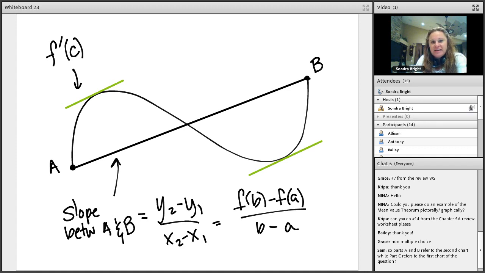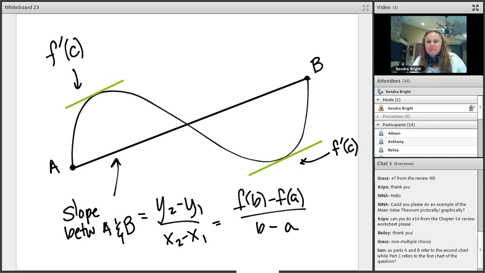So here is another spot where the derivative of the function, evaluated at whatever this x value is here, is going to equal, it has the same slope, parallel slope, right, as the slope between a and b. So that is mean value theorem. There is at least one spot, if not more, and you just find where these lines are parallel.